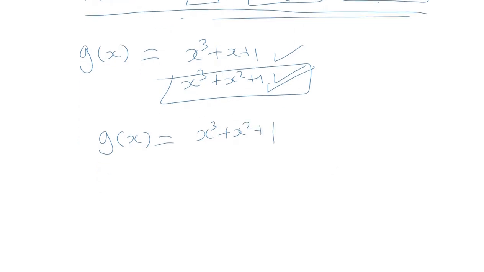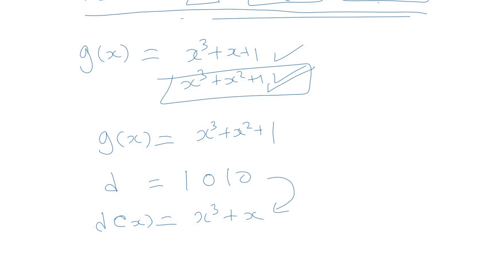Now we need to find out the code vectors for the given data vectors. The first value of the D vector is 1 0 1 0, so the corresponding D of x will be x cube plus x.